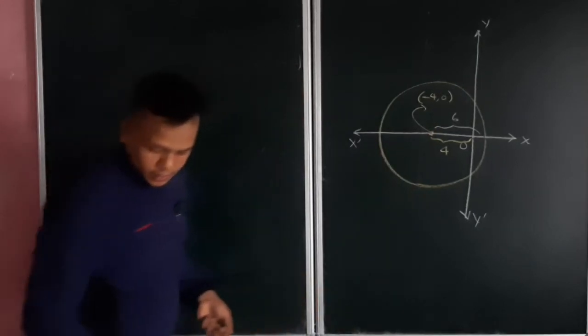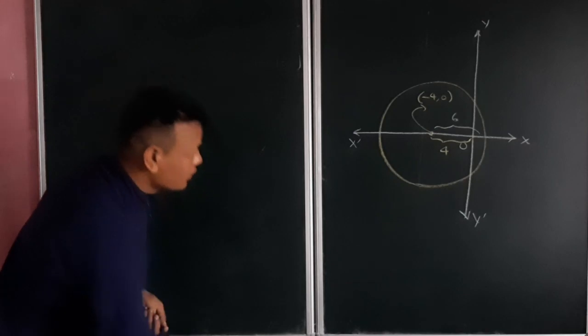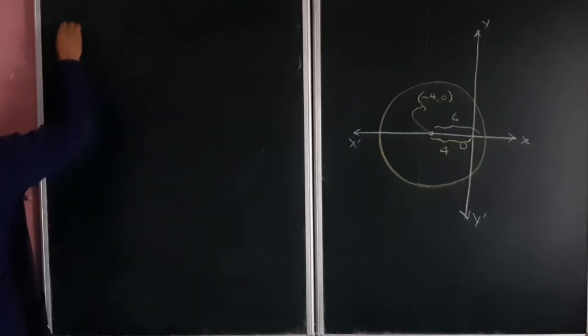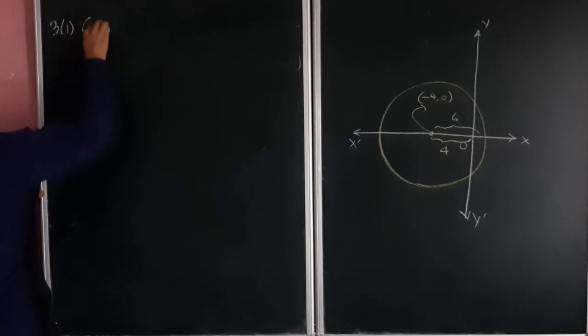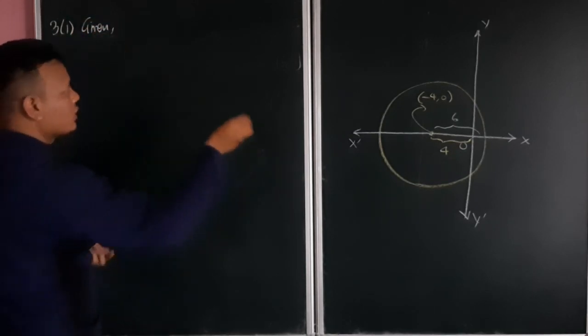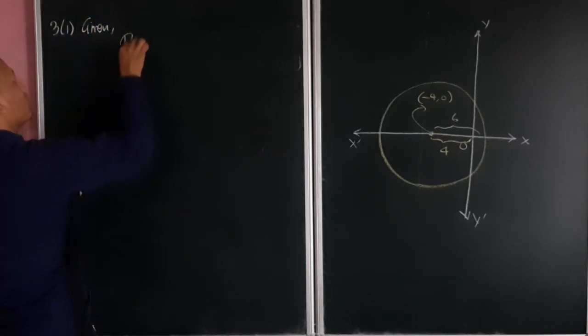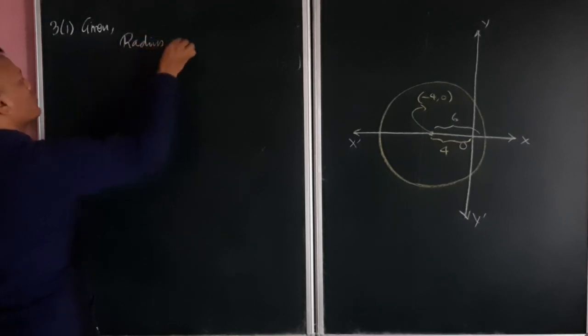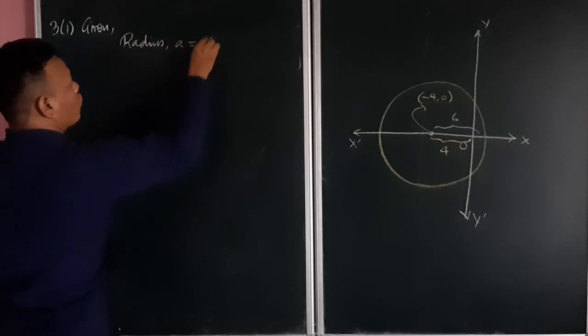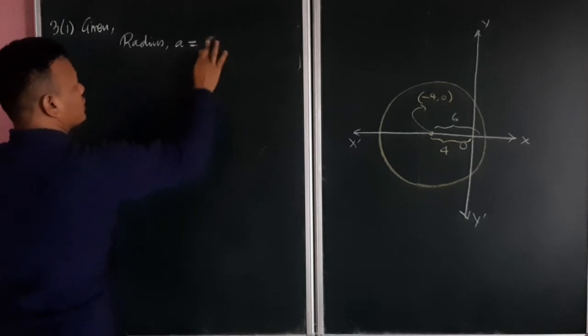So that's why, let me write the solution. So from the given, this is my 3(1), given is the radius. So the radius is given to be, let me call this A, 6.